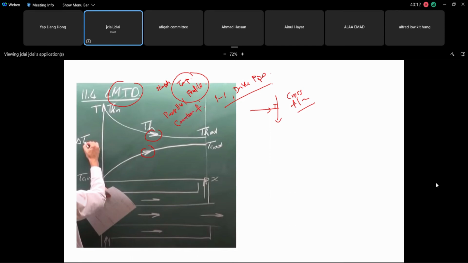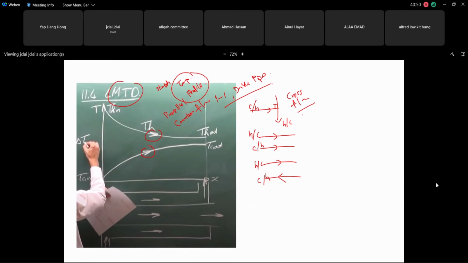Counter flow means, if parallel flow is like this, hot stream and cold stream both parallel, then counter flow is like this: hot stream, cold stream, opposite. Then cross flow is, let's say hot is here, cold is here, or it can be opposite as well, no problem.